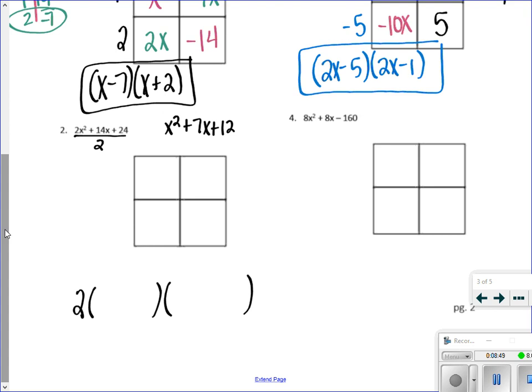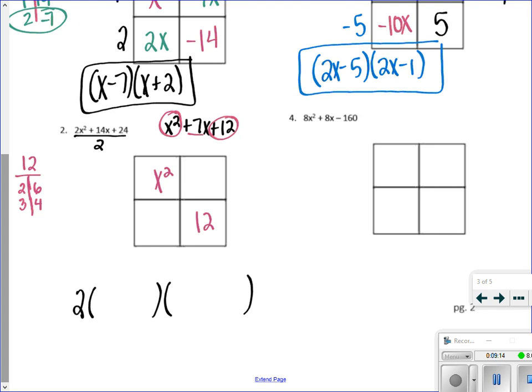Okay. So this is our first term, x squared. This is our last term, 12. Multiply the first and the last term. What do you get? 12. So we're looking for numbers that multiply to give you 12. Okay, we got 2 and 6, 3 and 4. But they need to multiply to be 12, but what else do they have to do?